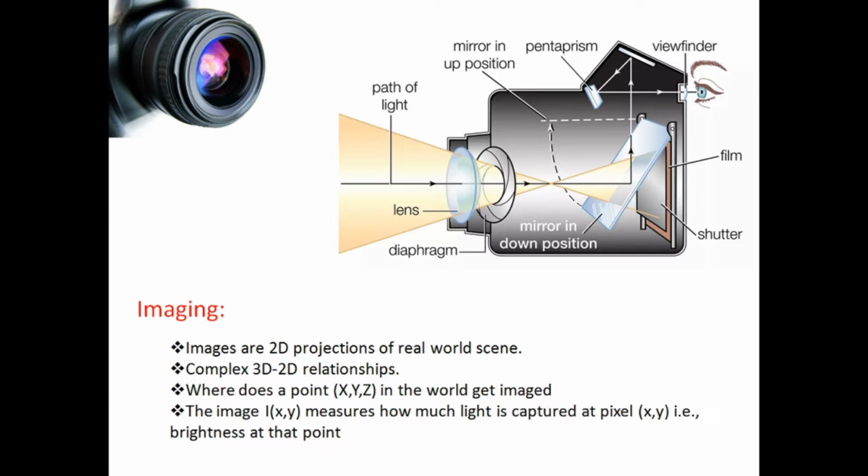In the human eye, the iris controls the pupil. But in the camera, the diaphragm plate controls the size of the aperture. So just for recap, I have recollected all these things.